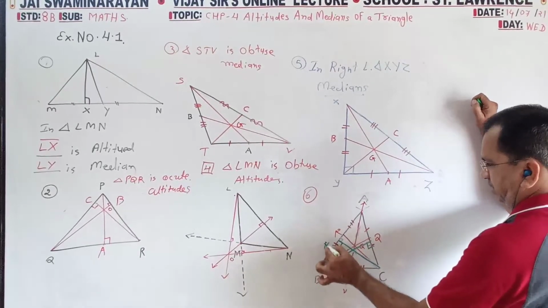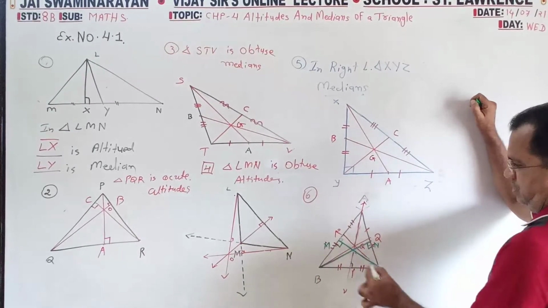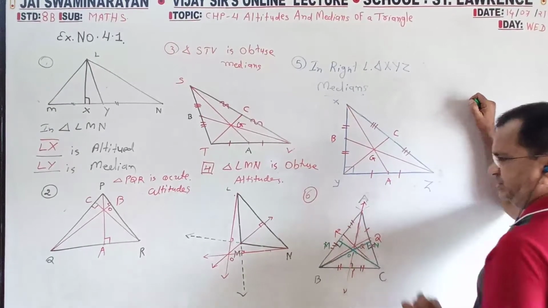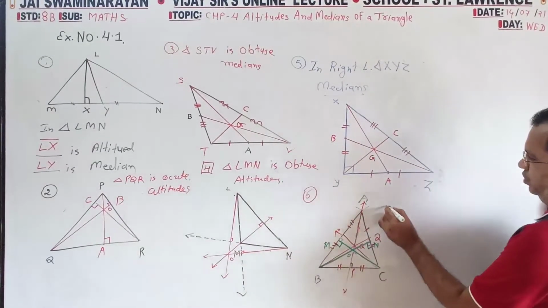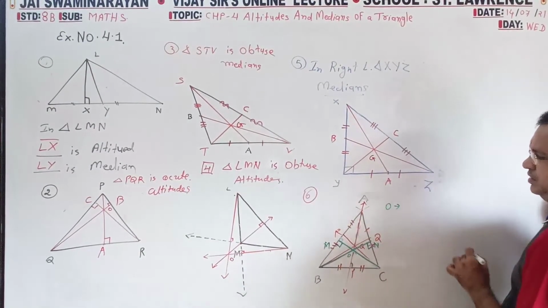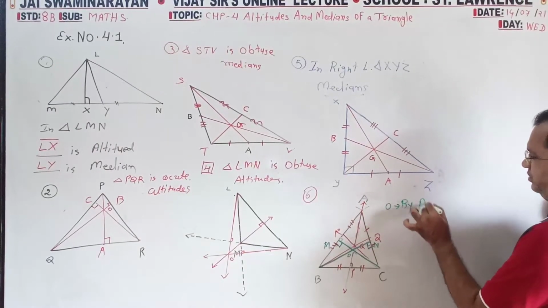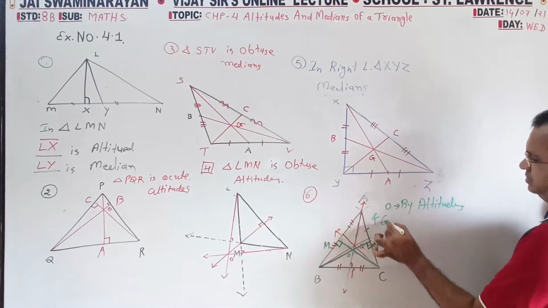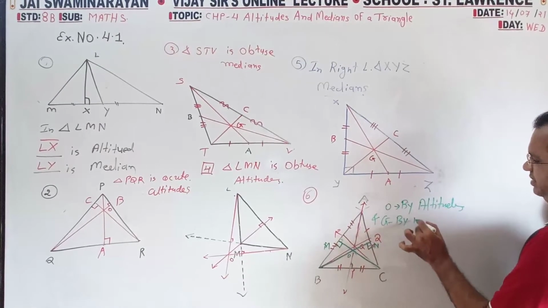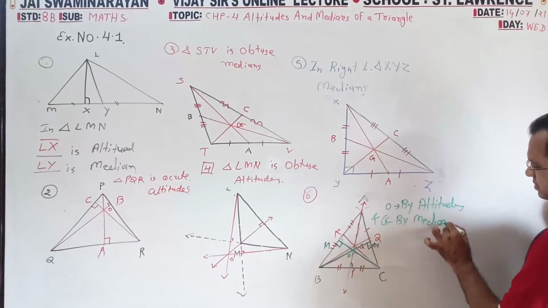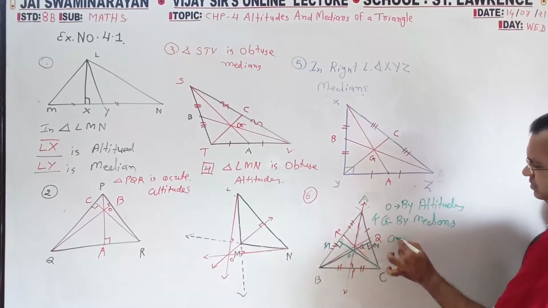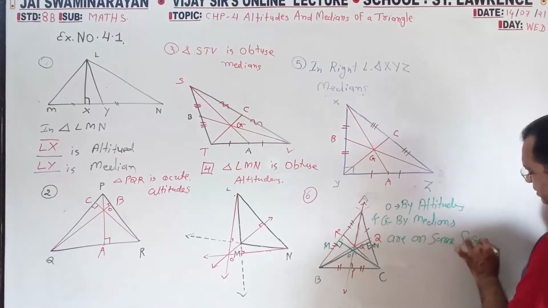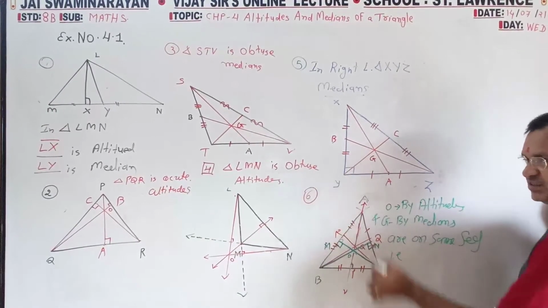PQR, now this is MN. So by green, the intersection is also on the perpendicular, O and G. So O is by altitude and G is by median. Are on the same segment. What is that same segment?